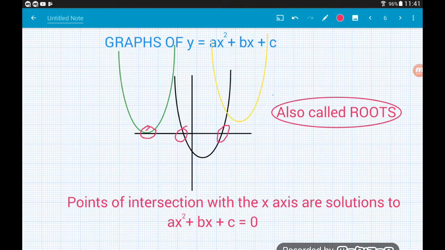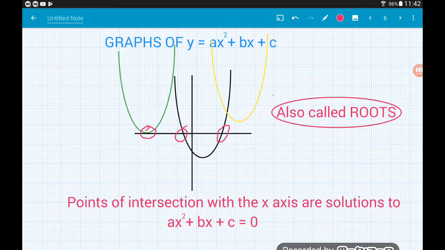Now there's three possibilities with quadratics. They'll either have two solutions, as the black parabola here. It crosses the x-axis twice, so it has two solutions or two roots. They might only hit the x-axis at one point, as the green parabola over here on the left. The vertex is lying on the x-axis. That's its only single solution.